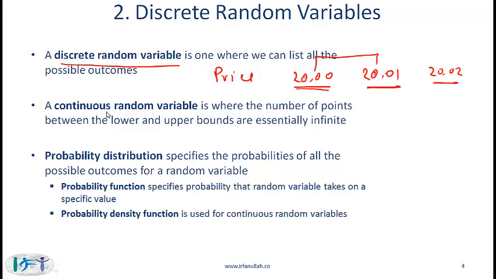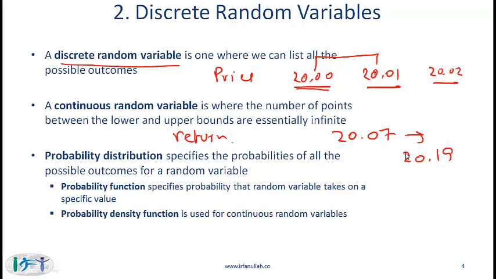A continuous random variable is where the number of points between the lower and upper bounds are essentially infinite. And the classic example of a continuous random variable is the return on a given investment. If you buy a stock for 20.07 and then sell it for 20.19, the return that you make over here is going to be a very long decimal. So you can do the actual calculation and then you can calculate other returns.